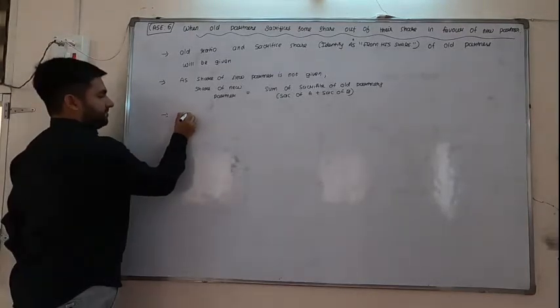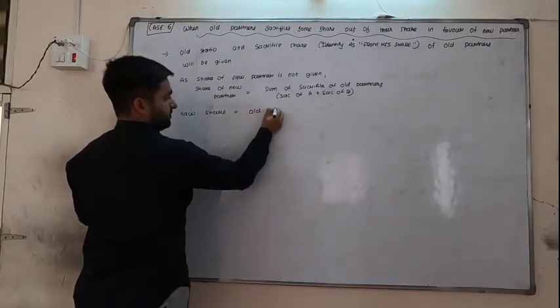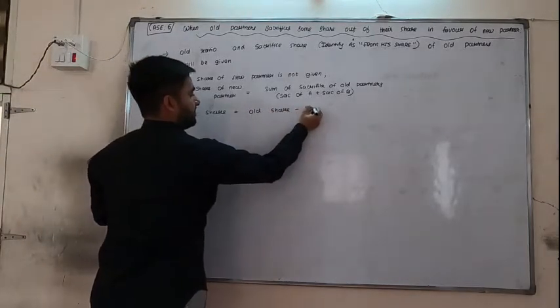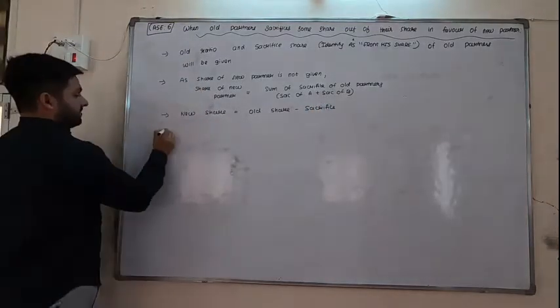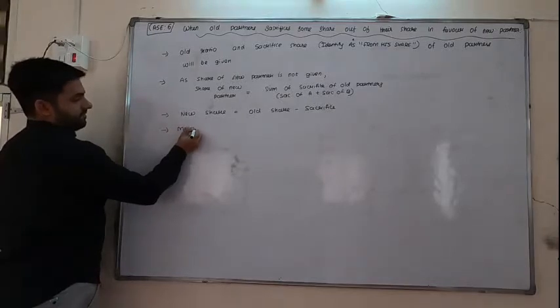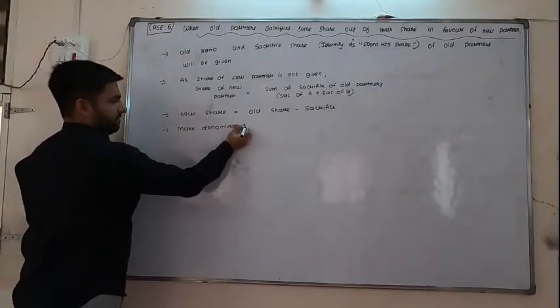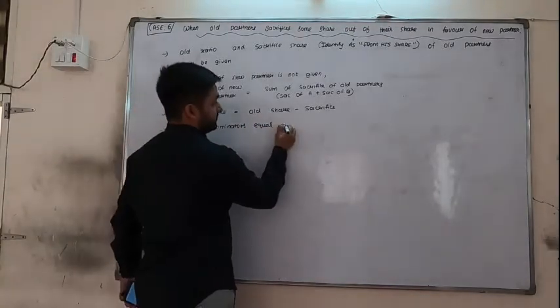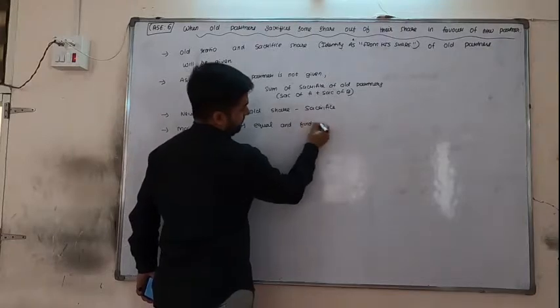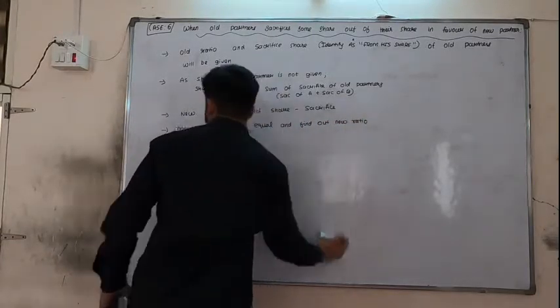Next step, new share is equal to old share minus sacrifice share, or only we can write sacrifice. Make denominators equal, and find out new ratio.